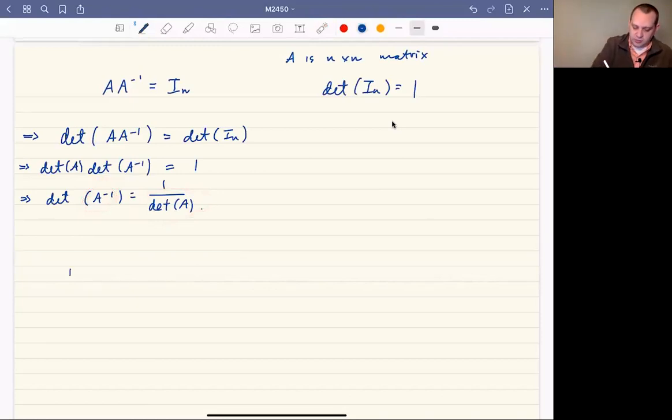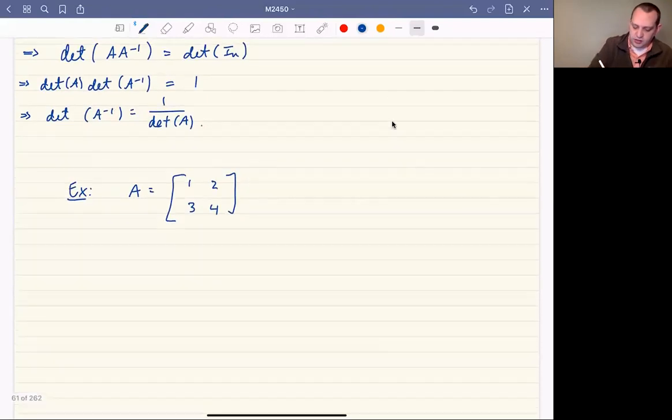Let's do a quick example. Let's look at the matrix A, which is going to be, say, 1, 2, 3, 4. I'm not feeling particularly creative, but that's fine. We can compute the inverse. Remember, to compute the inverse you find the determinant of A, which in our case is -2, so 4 minus 6.